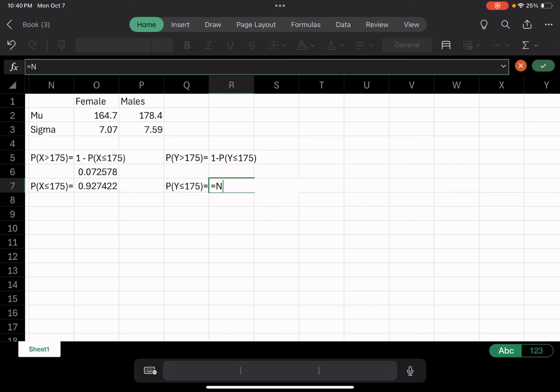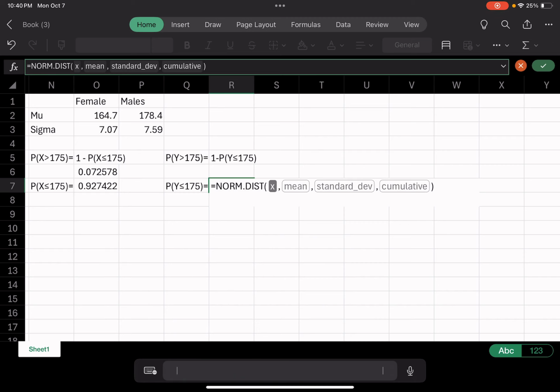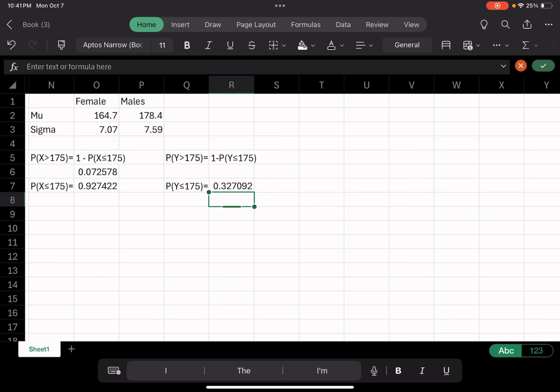I say equals NORM.DIST, find it in the drop-down menu. X is 175, mean 178.4, standard deviation 7.59. Cumulative is, of course, going to be 1. So press enter, and there's the probability of y being less than 175.